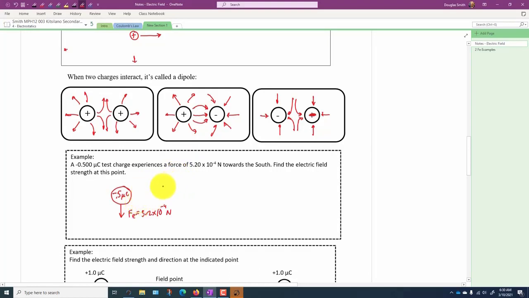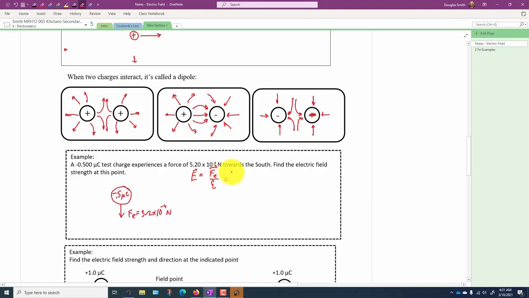The definition of electric field is force per unit charge. In this case, we know the force for a negative 0.5 microcoulomb charge. So to get the unit charge, we have to divide by that charge. To get the electric field strength, we need to take that force and divide by the charge. So electric field is the force divided by the charge.